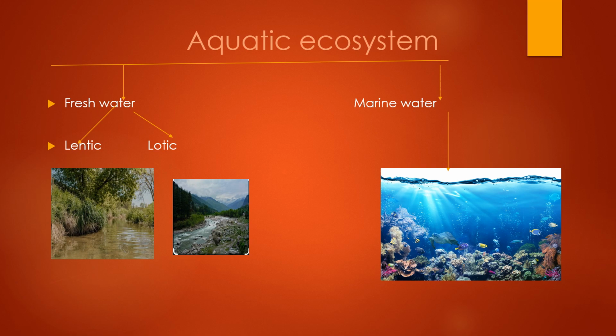We already know all about lotic and lentic ecosystems. Next one is the marine ecosystem. The ecosystems present within the marine water body are marine ecosystems.